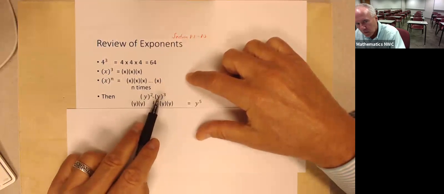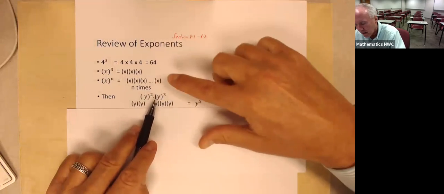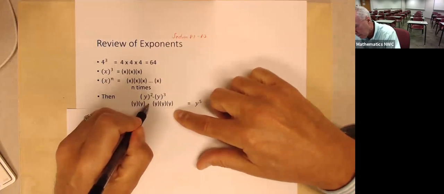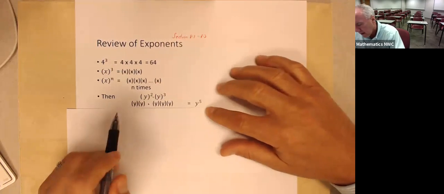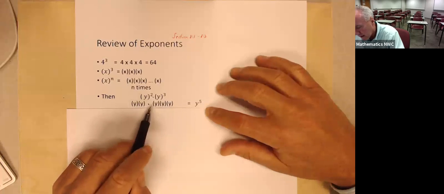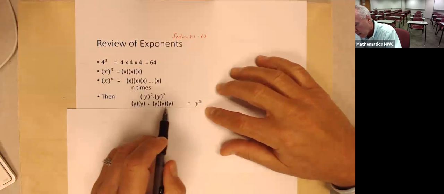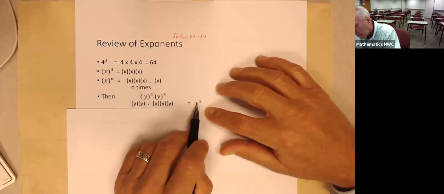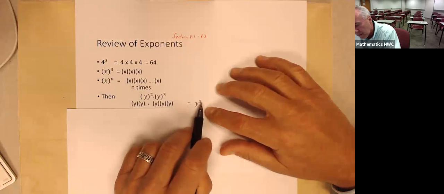The y cubed, by definition, would be 3 y's, and we're multiplying them. Notice when I'm multiplying these 2 y's times these 3 y's, it would be the same as if I have 5 y's in a row being multiplied. Because I have 5 y's in a row being multiplied, we say it's y to the 5th.